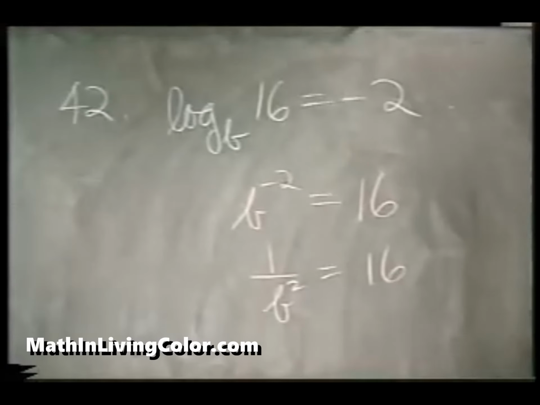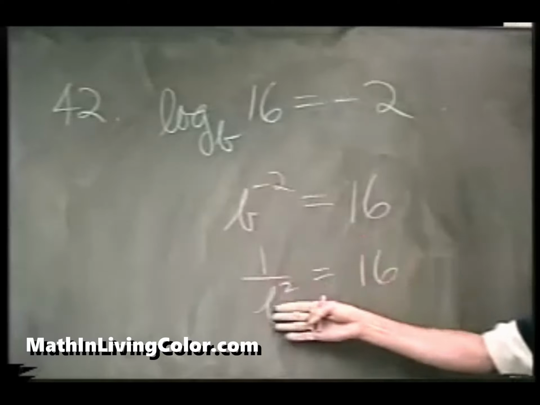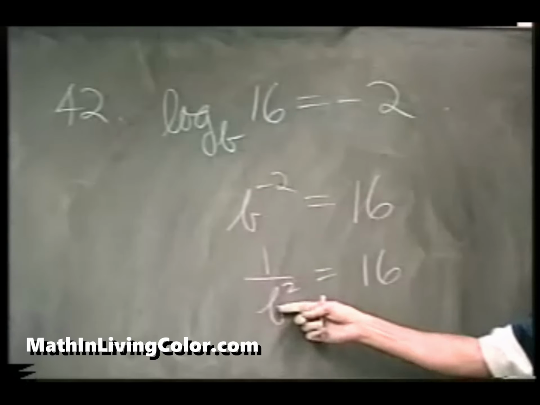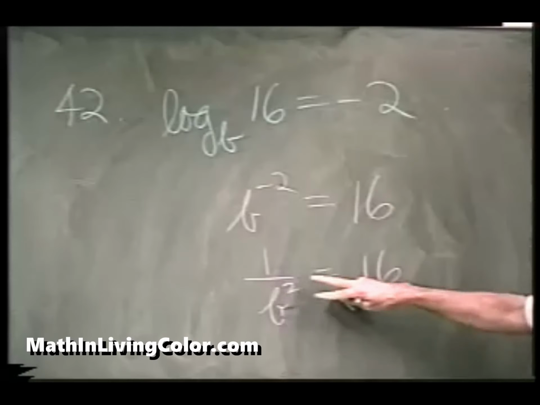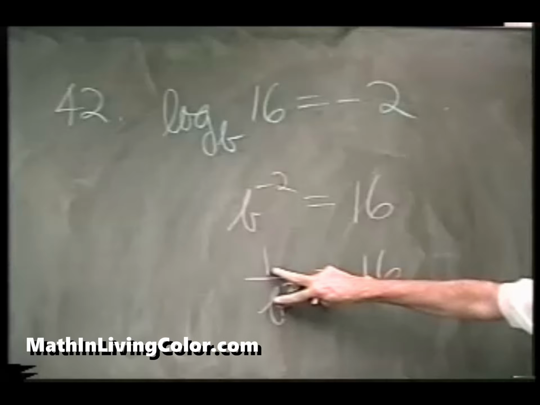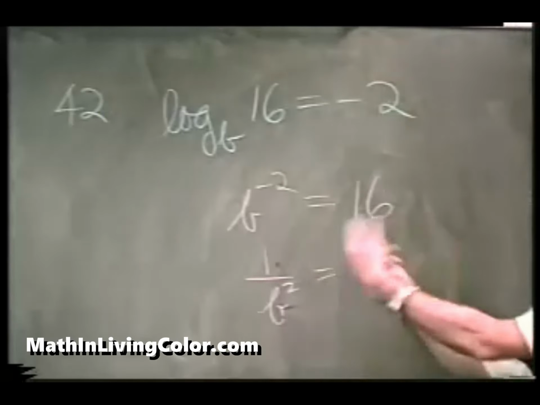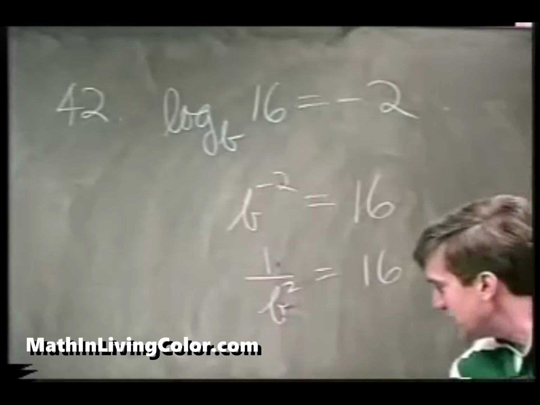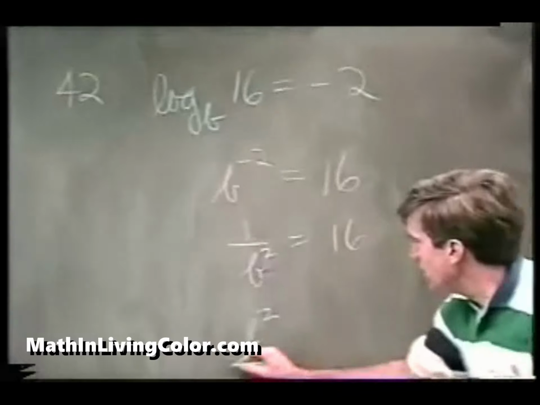Now, one thing that's unfriendly about this problem is you've got this fraction 1 over b squared. I just want to use this as a means of showing you a shortcut for eliminating the fraction. If we took the reciprocal of the left side, what's the reciprocal of 1 over b squared? In other words, invert the fraction, what would you get? You get b squared over 1.